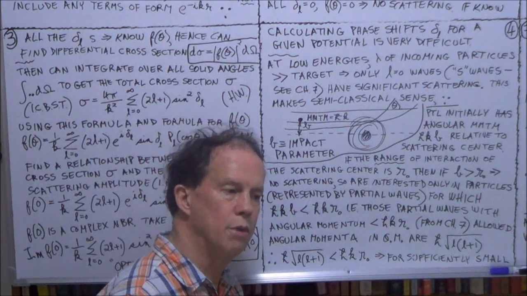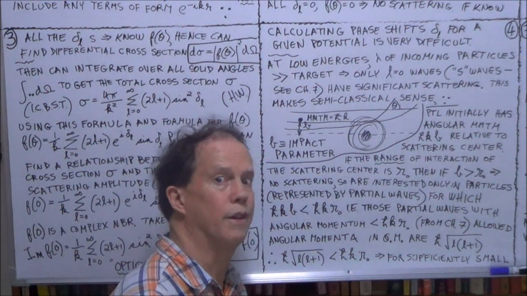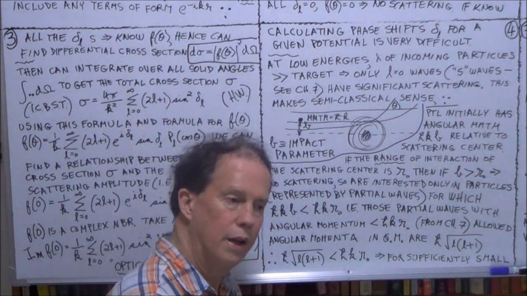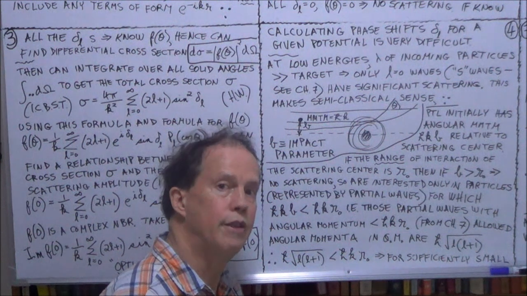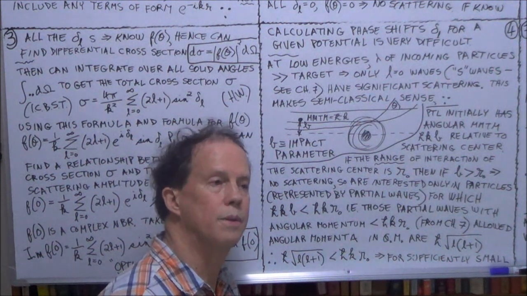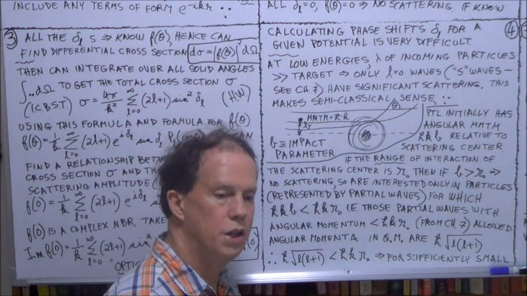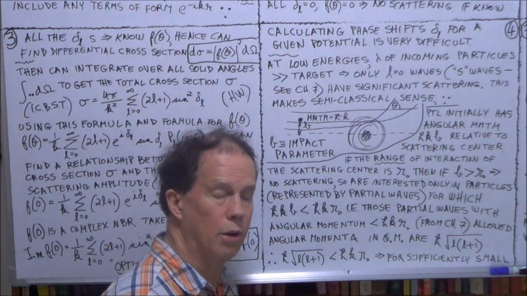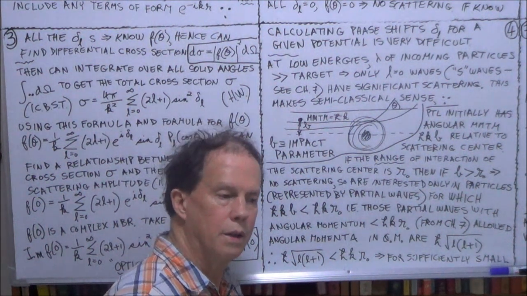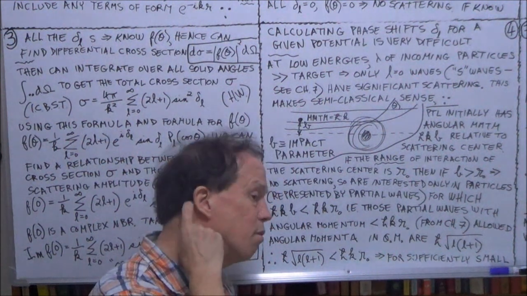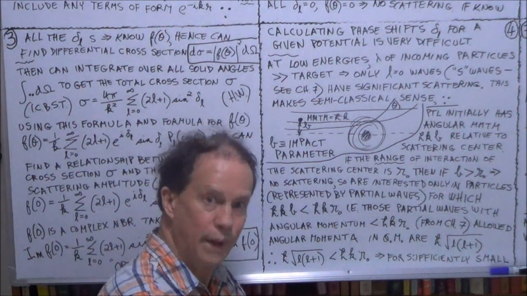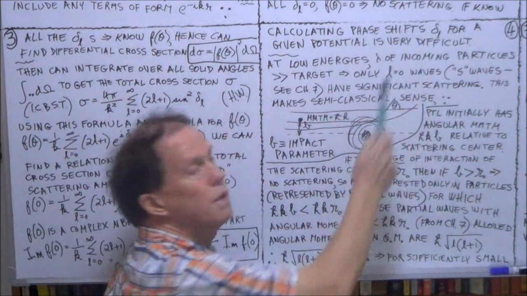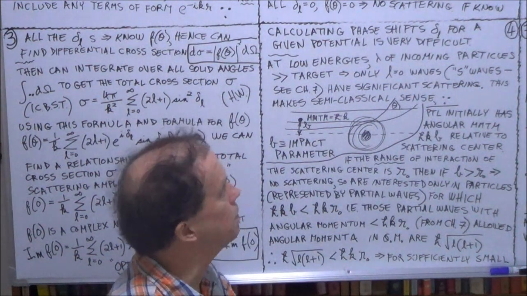And then as it moves away from the target, assuming deflected, it will still be repelled, and it will accelerate. But assuming the target is very heavy, there's no energy transfer to the target, and so the energy of the particle incoming and outgoing, or scattered, is the same, so the de Broglie wavelength is the same. But the phase of the oscillation of that de Broglie wavelength particle, if you like, will change. And that phase difference is your delta. Okay, a bit of revision there. Talked about this before.